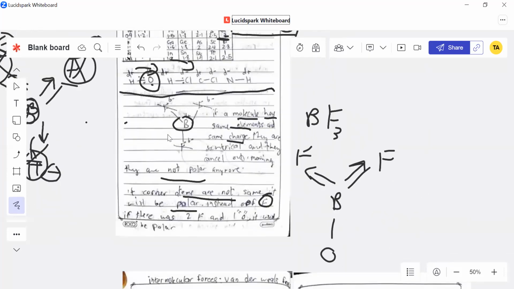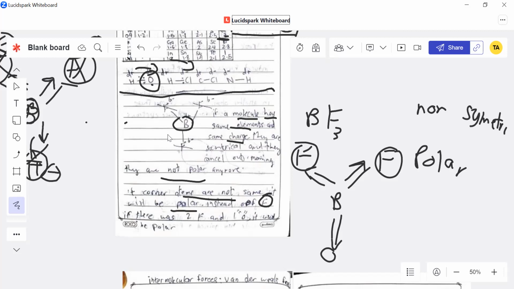Oxygen is more electronegative than boron, and because of that, oxygen will take its electrons. But fluorine atoms are more electronegative, so they will take more electrons compared to oxygen. Because of this difference, this will become a polar molecule. So in summary, polar molecules are non-symmetric, or they don't have similar corner atoms, and non-polar molecules have similar electronegativity, so they are non-polar.